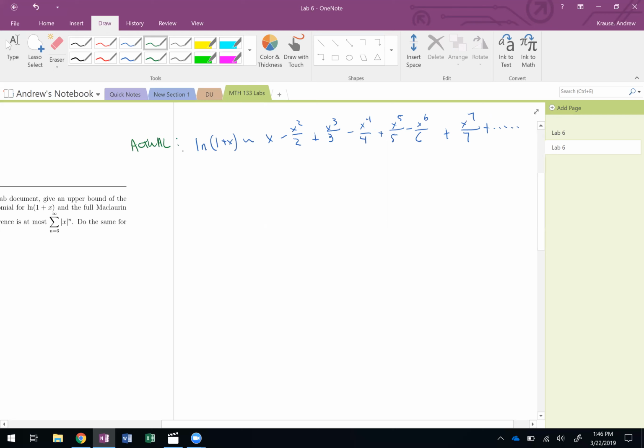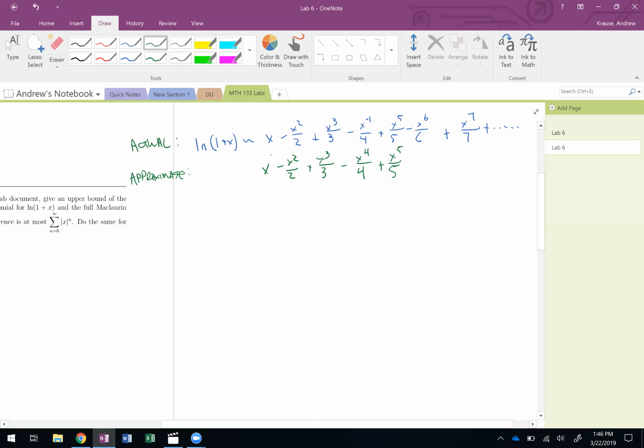And we're saying, now what if we approximate the Taylor polynomial by only using the first 5 terms? So what if we used x minus x squared over 2 plus x cubed over 3 minus x to the fourth over 4 plus x to the fifth over 5 as our Taylor polynomial?